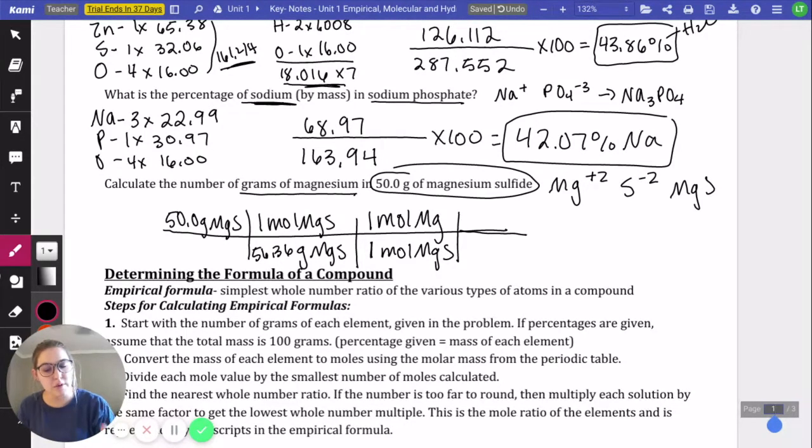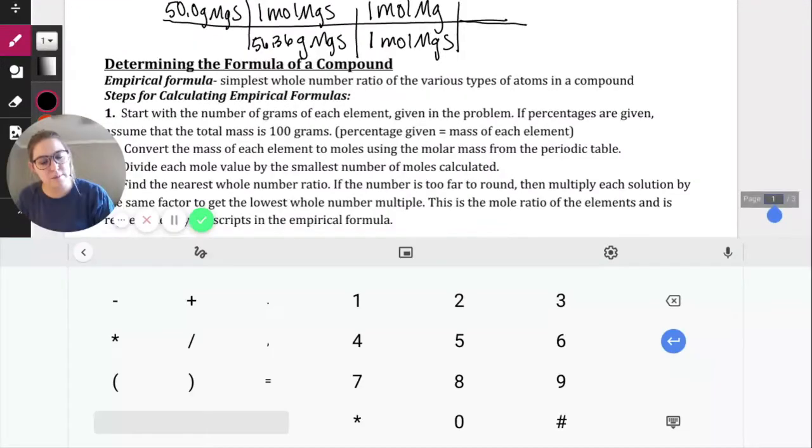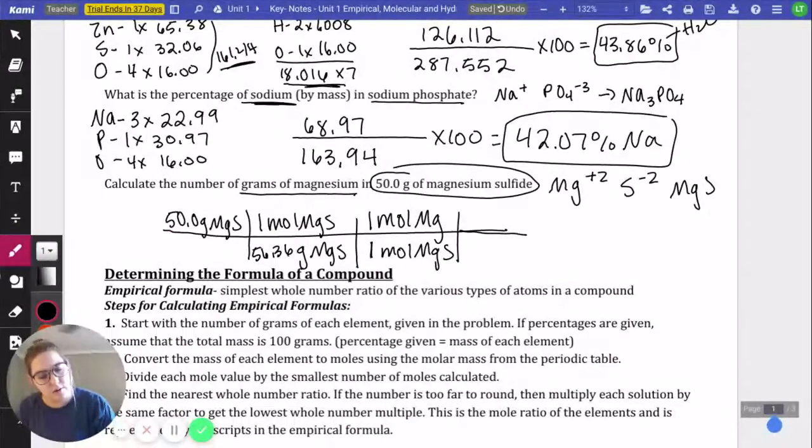And then moles of magnesium is not what I want. I want grams. So 1 mole of magnesium is equal to the molar mass of magnesium, which is 24.30 grams. That is grams of magnesium. That is what I want.